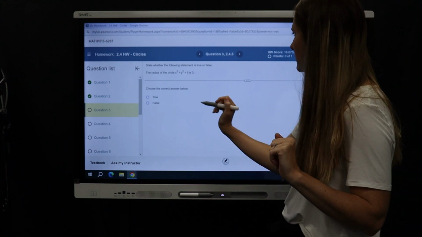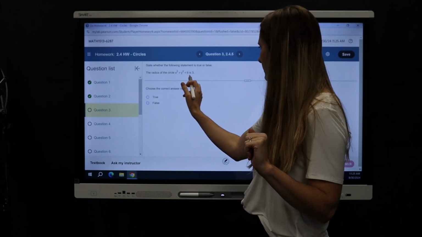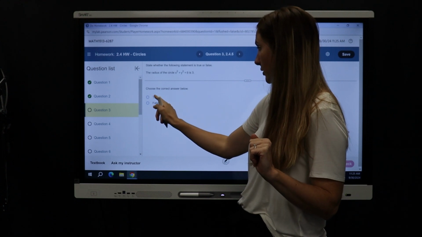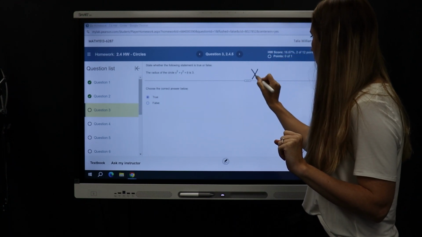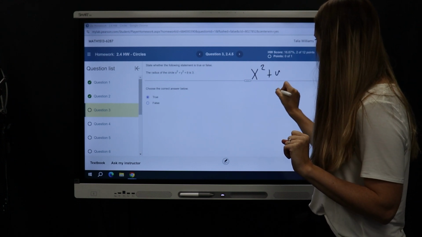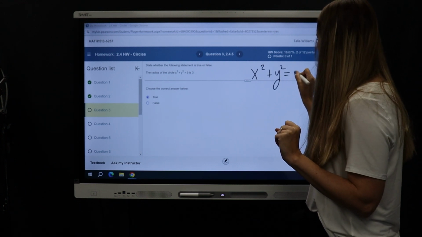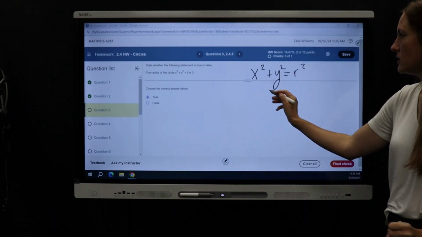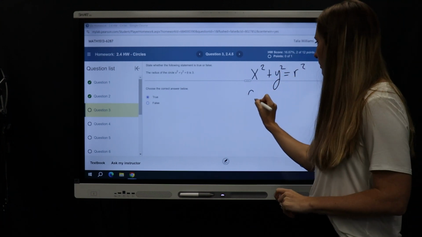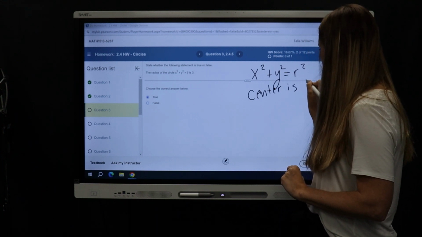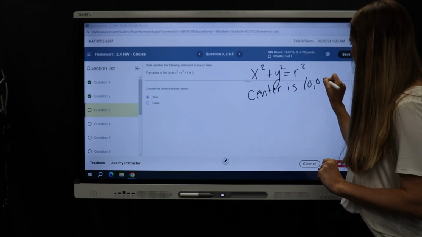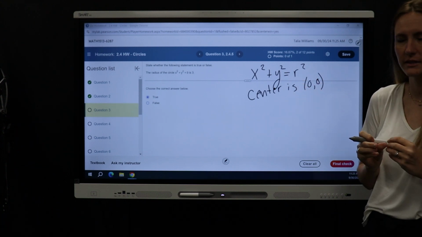So, the radius of the circle x squared plus y squared equals 9 is 3. True. The reason is because the most basic form of a circle, x squared plus y squared equals r squared, is true when our center is 0, 0, because we don't have anything with our x or our y to have a different center.